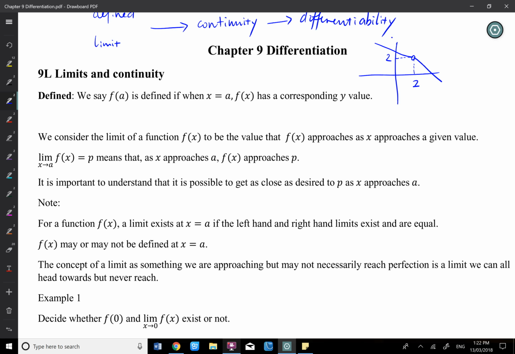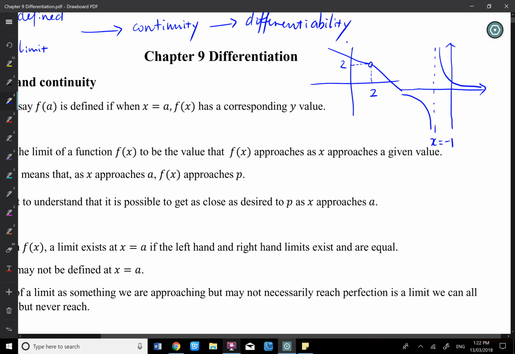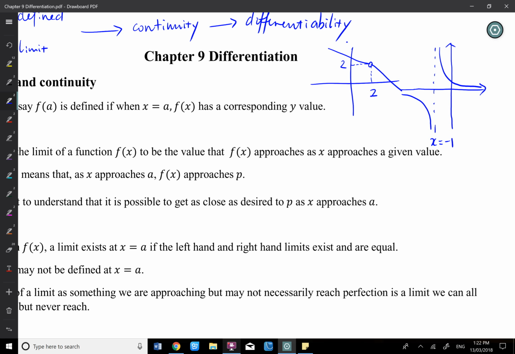But another thing that is not defined is, for example, when the graph looks like this. That's x equals minus 1. So at x equals minus 1, it is not defined, because positive infinity or negative infinity, we don't say it is defined. It's not a value.